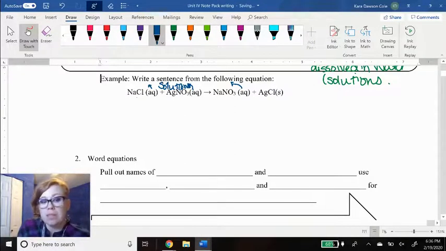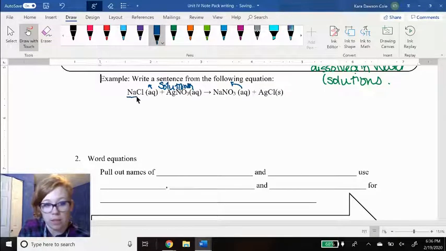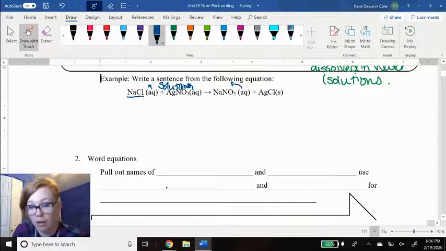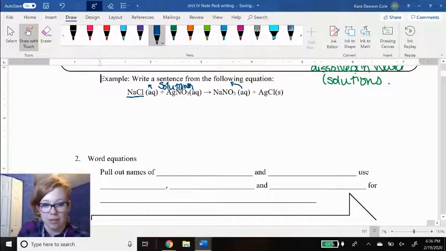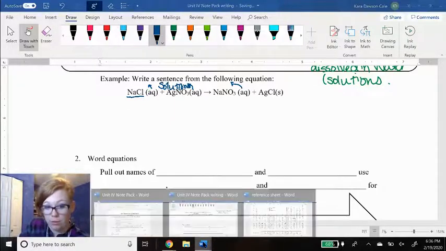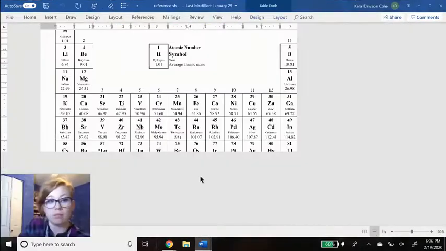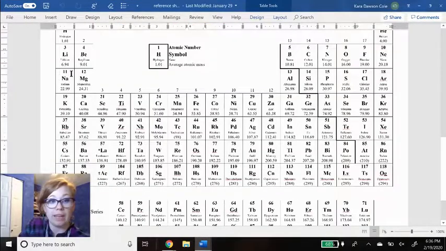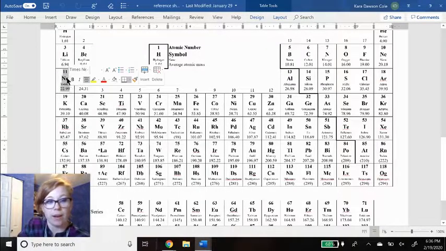Now, this is where last unit comes in handy, because we are writing the chemical names of these. Na, I'm going to find it on the periodic table. Na is right here in this region, so I can highlight it. Na is sodium.